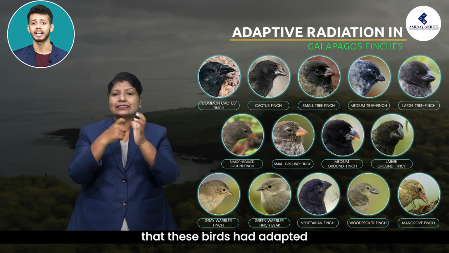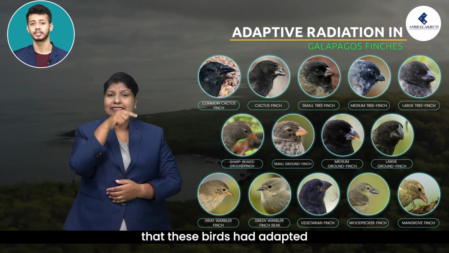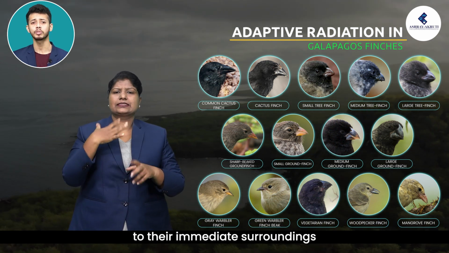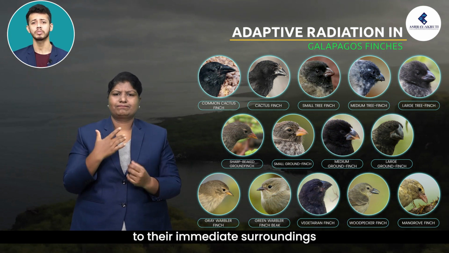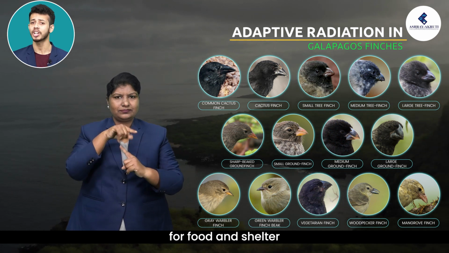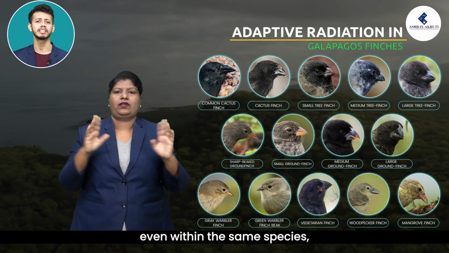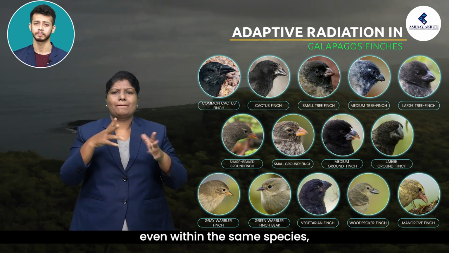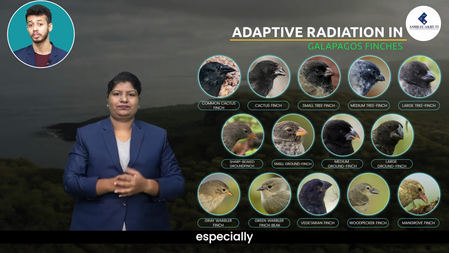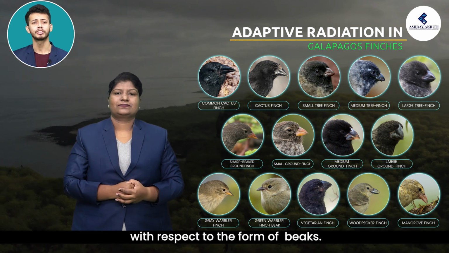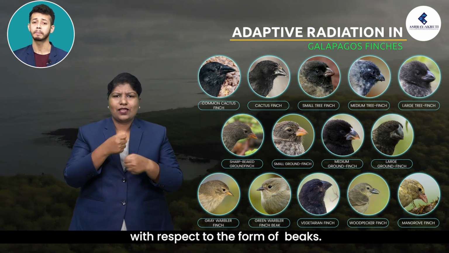Darwin observed that these birds had adapted to their immediate surroundings for food and shelter and showed a lot of variation even within the same species, especially with respect to the form of beaks.